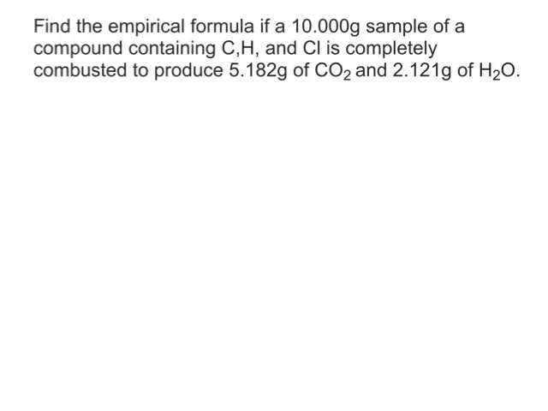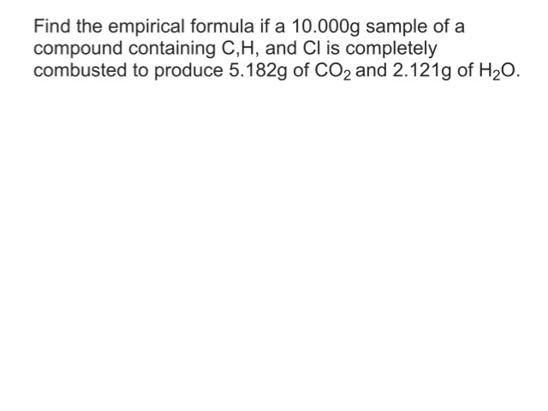Sometimes you will get a problem where there will be an element that isn't really involved in the combustion. And that can make the problem appear in a little different ways, maybe. In this case, it doesn't, and you'll see why.